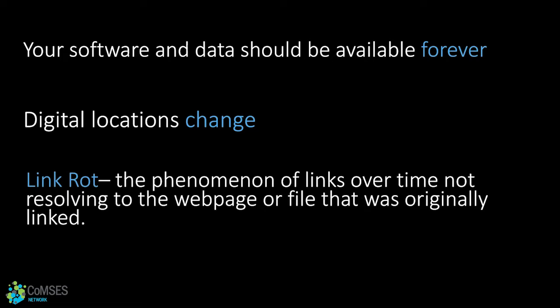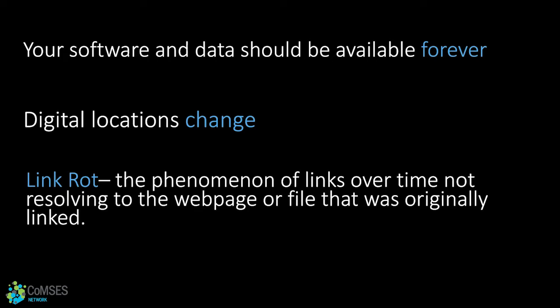The term link rot refers to the tendency for URLs to stop working as time progresses. A number of studies have estimated rates of drift, and it varies with time and content. This means the longer you have information on the internet, the greater the chance that a link will no longer work. And there are many reasons this can occur.